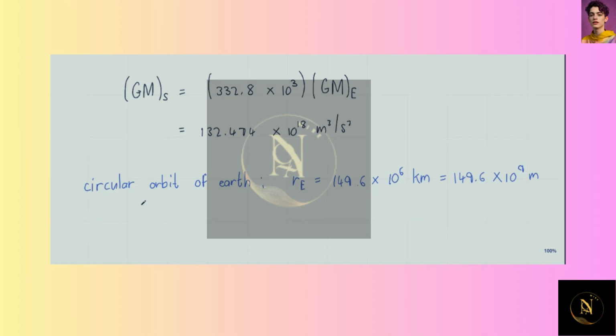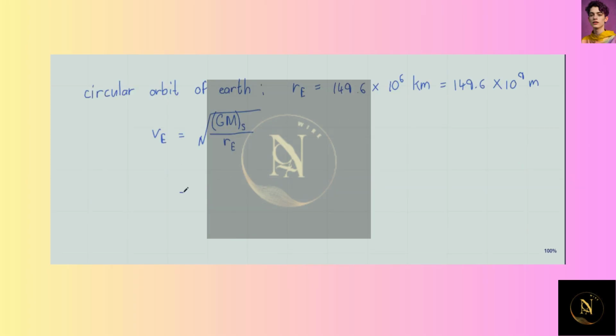And so what we'll do here is calculate the speed of this orbit, VE. So VE is equal to the square root of G times M for the Sun over the radius of this orbit. So we're trying to calculate the speed of Earth's orbit about the Sun.